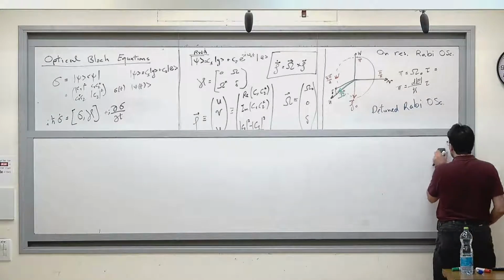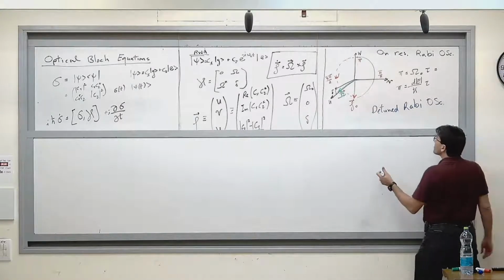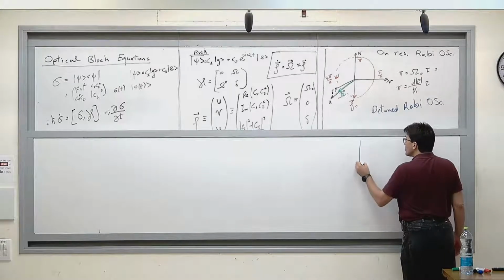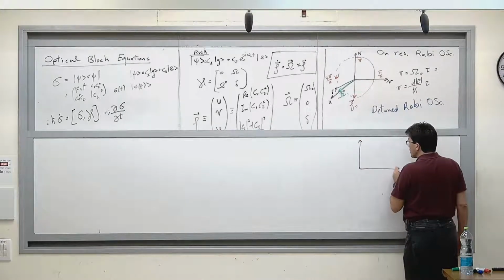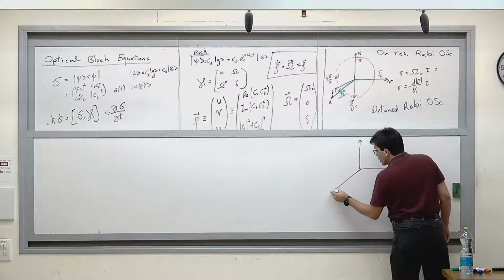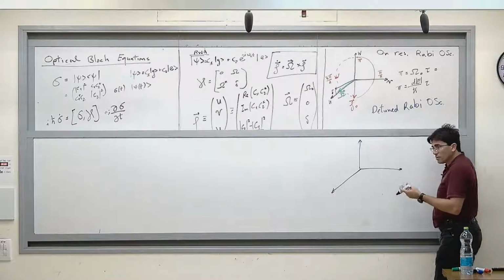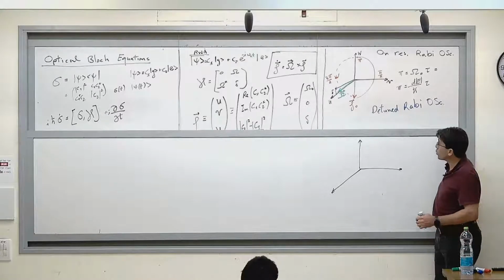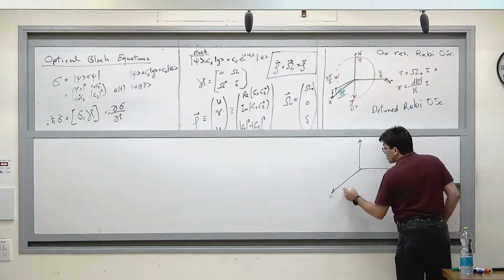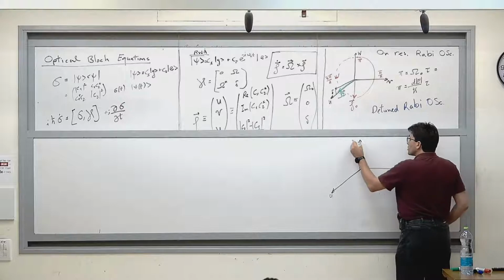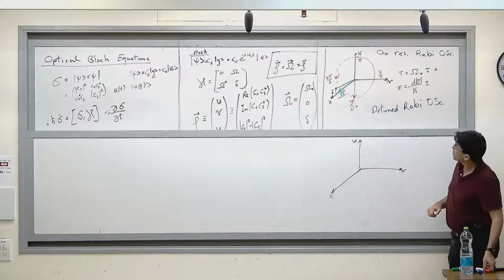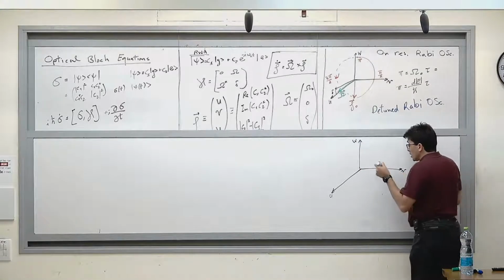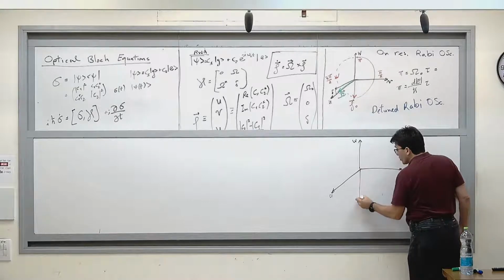So Ramsey said, okay, you can do only short pulses? Fine. Great. Let the pulses be short. We start from here, in U, V, W, but let's do it in two steps.